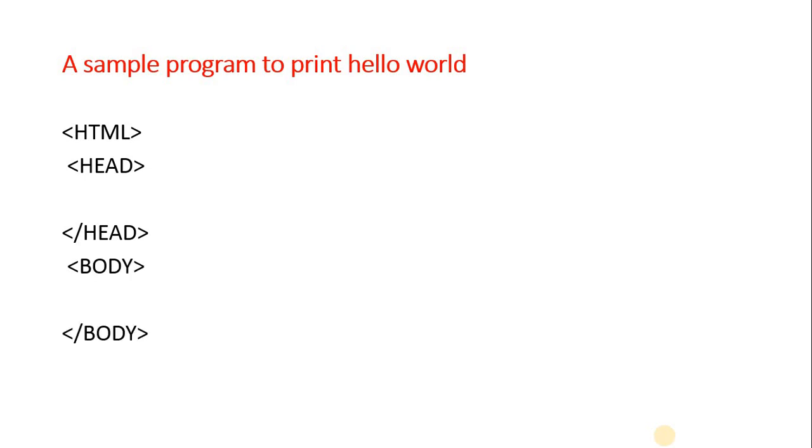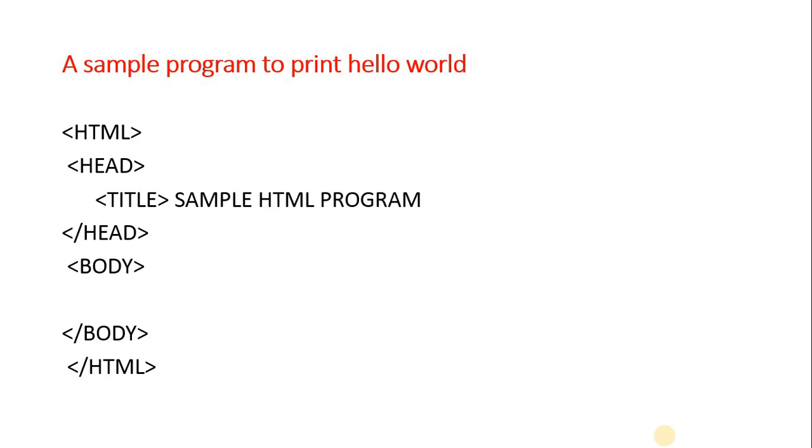Next, let's write a sample program to print hello world. First I will write HTML, then head section, then body section and closing HTML. Next we will write the title in between head opening and closing tag. A sample HTML program.